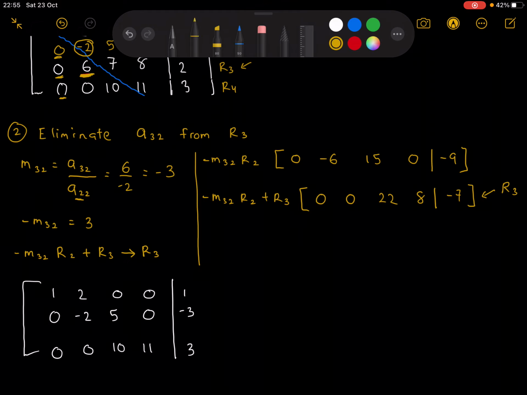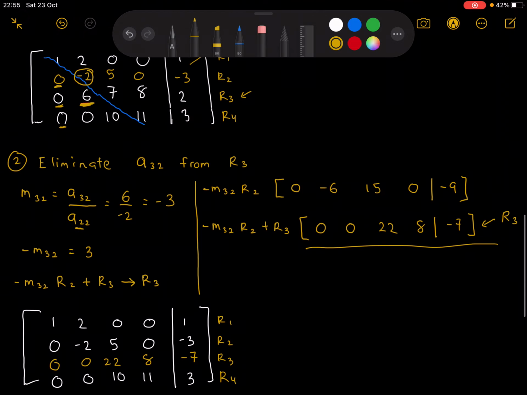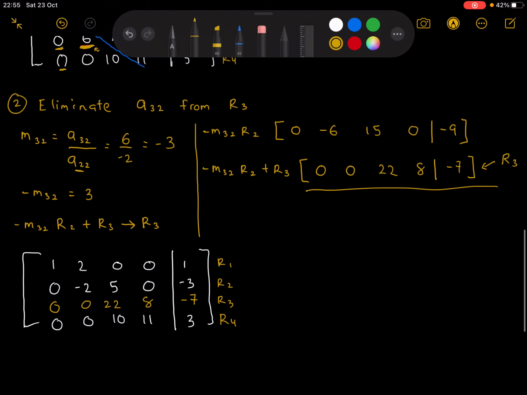What will change is the value on row number 3, where we will get it from here. So it becomes 0, 0, 22, and 8. The value here is negative 7. So now this has become our row 1, row 2, row 3, and row 4. Take note that the 6 here has already changed to 0 by using the multiplication factor.